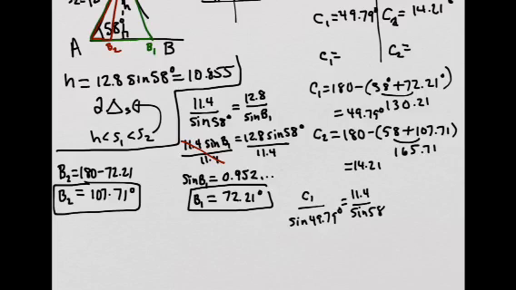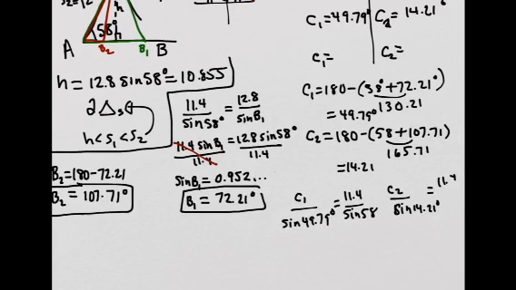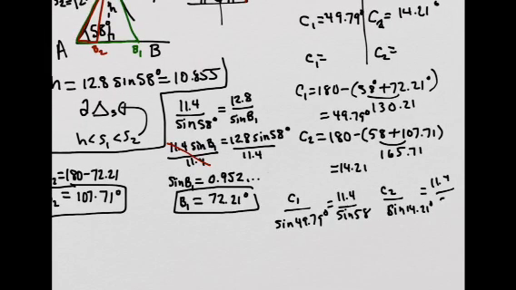And then C2, we're going to do the same thing. C2 over sine of 14.21 equals 11.4 over sine of 58.